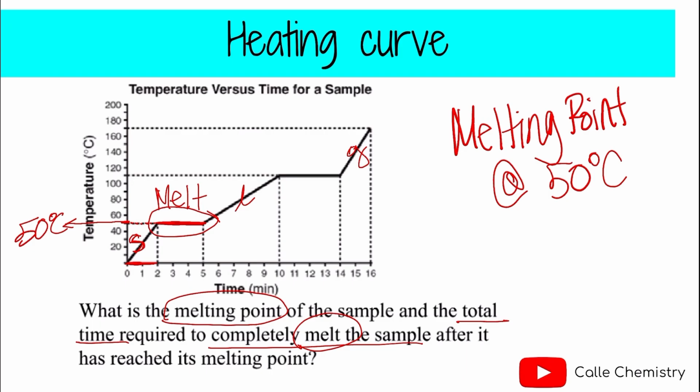It started to melt at minute 2, and then it stopped melting at minute 5, because after minute 5 it was now in the liquid phase. So now how long did this take to melt? Well, we can count 1, 2, 3 minutes. Or we can do 5 minus 2 and we would get the same answer of 3 minutes.